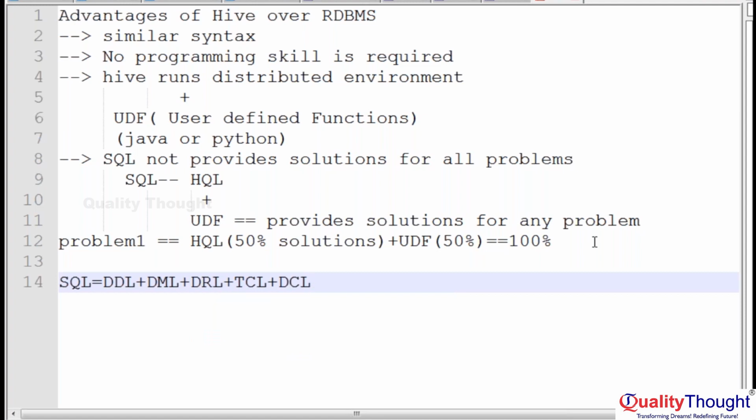Other than these, we cannot do extra features. Whatever SQL provides, we can do only these features. We cannot do any extra things because these are inbuilt, provided by SQL. But by using UDF, you can provide a solution to any problem because we have language support.